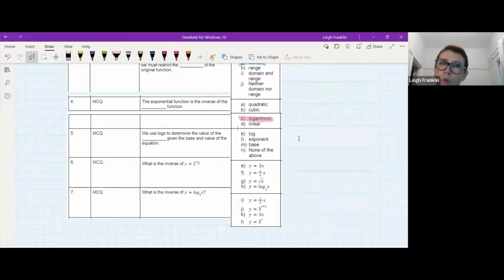When we use logs, what are we solving for? We are solving for the exponent, exactly. That's L, or I know it probably looks like I, but it is an L. So we are solving for the exponent.